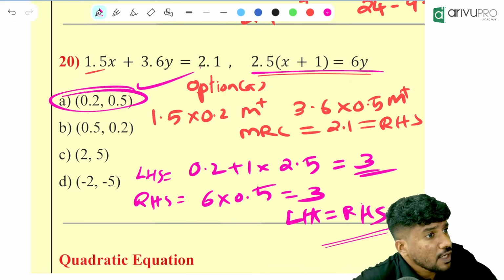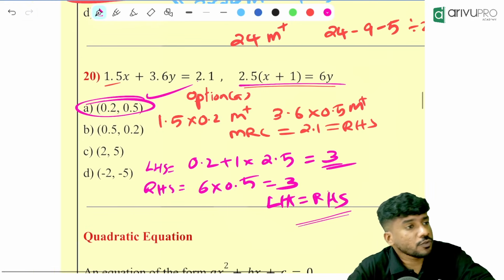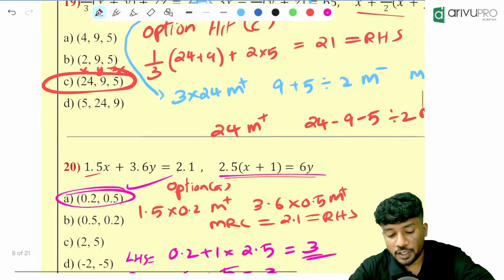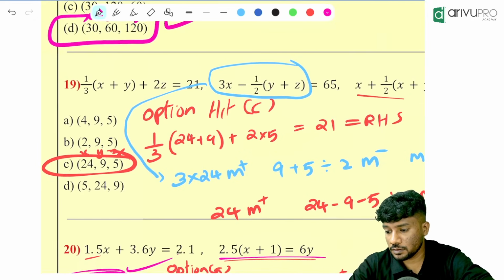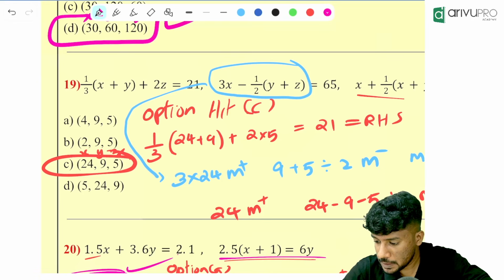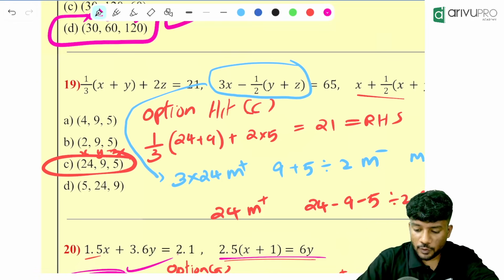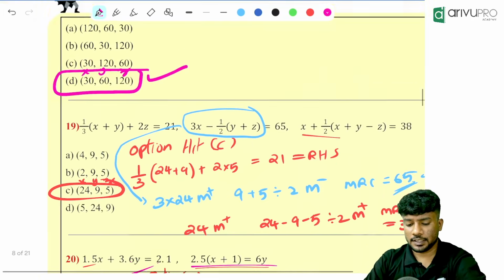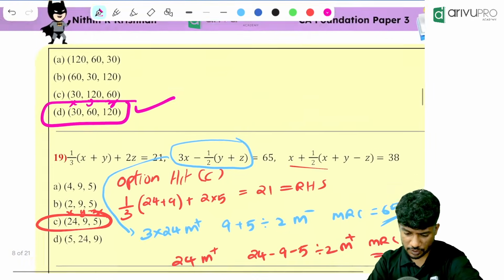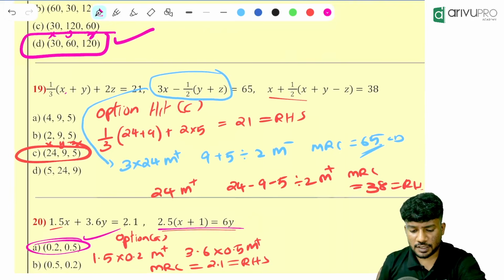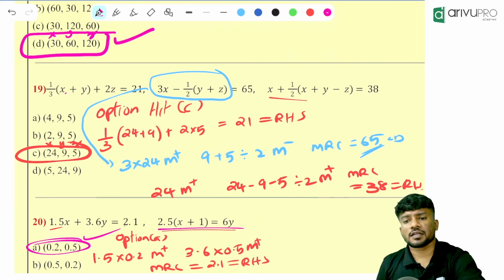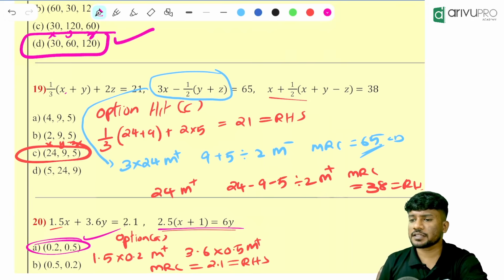Except option C, if we add x and y divided by 3, I get a decimal number, so I choose it. Yeah. One more approach. That approach is also very correct, Soumya. Now if you ask me about the previous question, if you check x plus y, how much is it in the first option? 4 plus 9, that is 13. 13 divided by 3 is a decimal value.